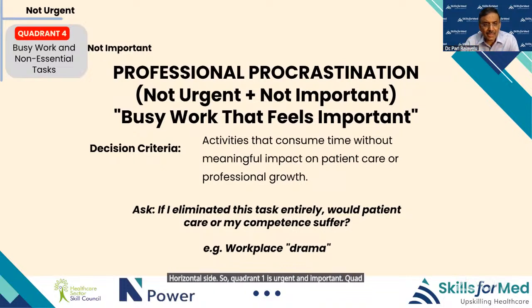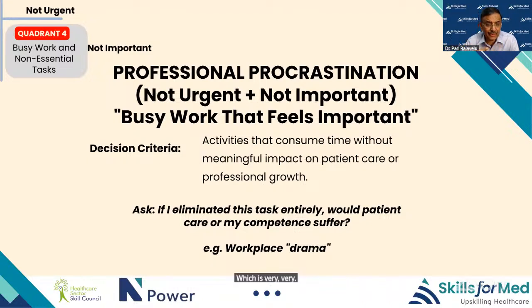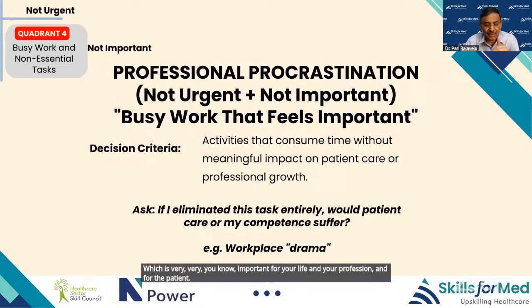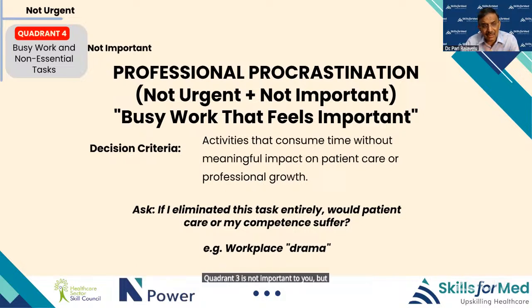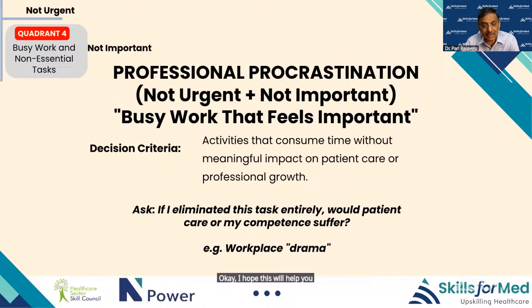Quadrant 2 is not urgent and important, which is very, very important for your life, your profession and for the patient. Quadrant 3 is not important to you, but it becomes urgent to you. And quadrant 4 is not important and not urgent. These are usually busy but wasteful work. I hope this will help you in prioritizing your tasks in the next shift.